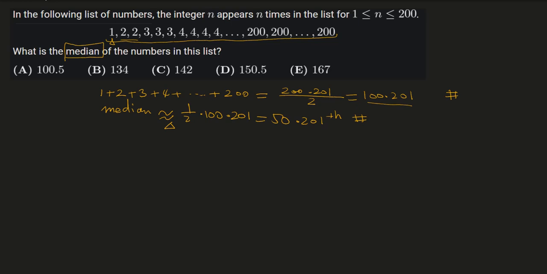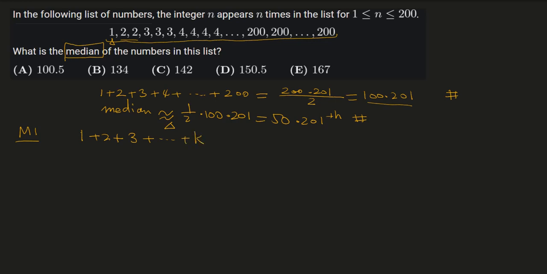Good. So now let's look at the first method. Let's interpret this concept of median again. We know that we have 1 one and 2 twos. What we really want to know is up to what magnitude our median is located. Therefore, let's say we are adding up the numbers from 1 to 2 to 3 all the way up to k.